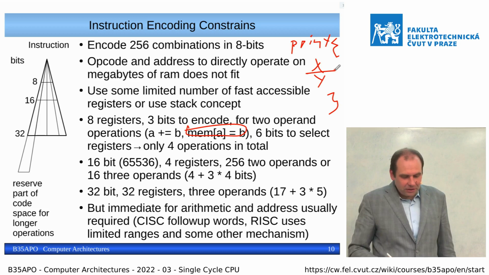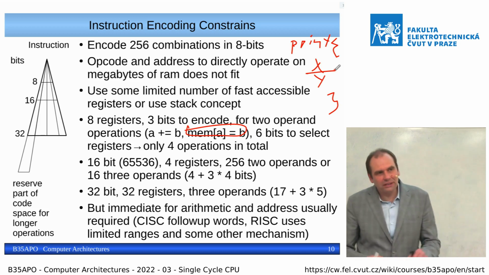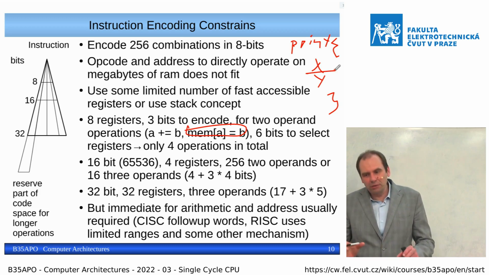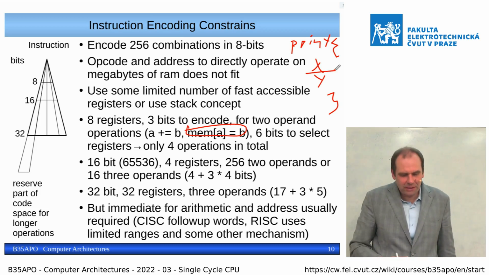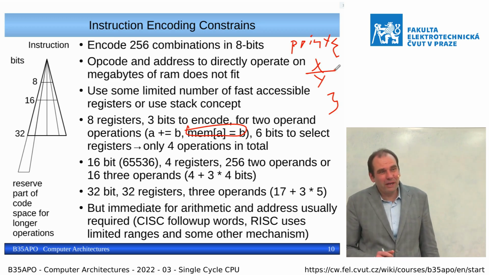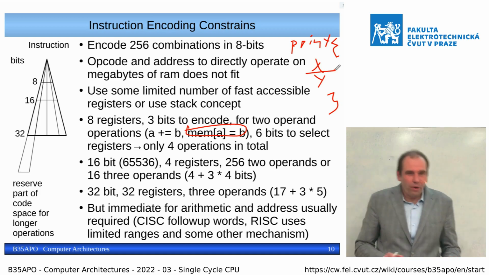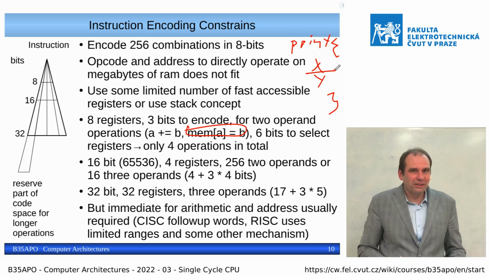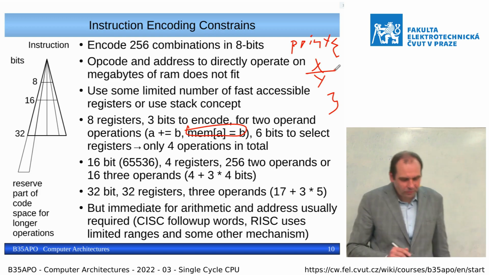This can be solved in such a way that we add additional words, so that if there is an immediate operand, we know that the next word is not the following instruction, but the immediate operand. But such a solution has problems for predecoding and parallel execution. Intel uses this solution, but for example ARM, RISC-V, and other architectures strive for fixed encoding of the instructions.